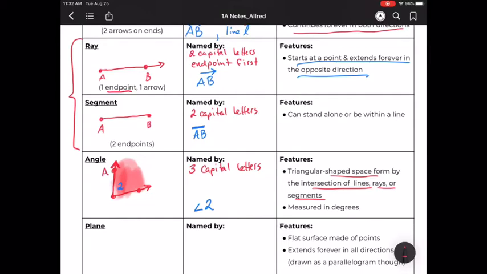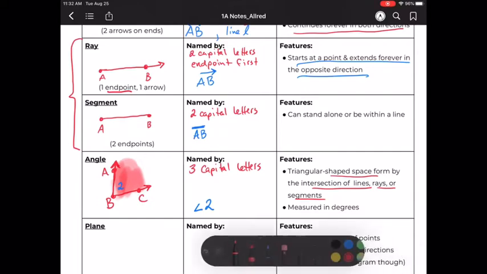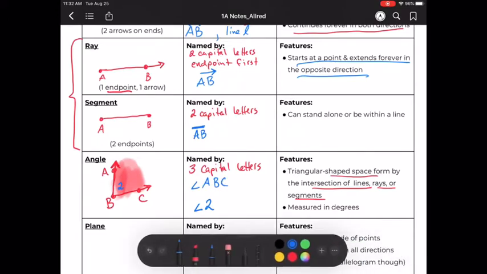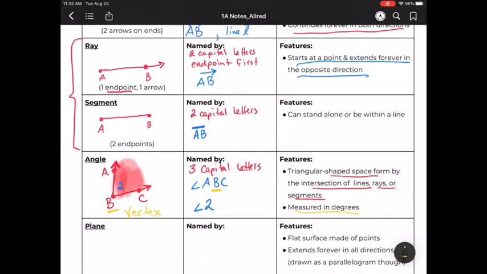So if I gave this point an A, and I labeled this point B, and this third point C, I would call this angle A, B, C. The middle letter here is the vertex of the angle. Where the two lines, rays, or segments intersect is called the vertex. That always has to be the middle letter. Okay? And we measure an angle in degrees.